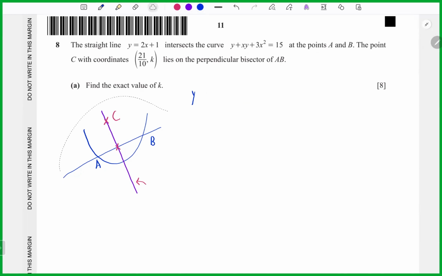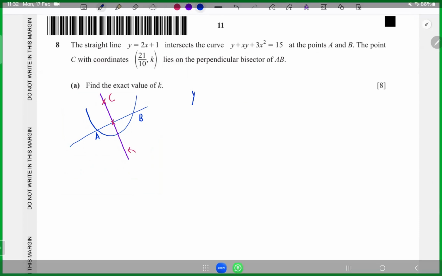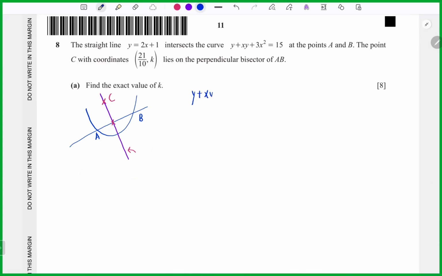I try to make this part smaller. So y plus xy plus 3x squared equals 15. Substituting y equals 2x plus 1: 2x plus 1 plus x(2x plus 1) plus 3x squared equals 15. So 2x plus 1 plus 2x squared plus x plus 3x squared equals 15.